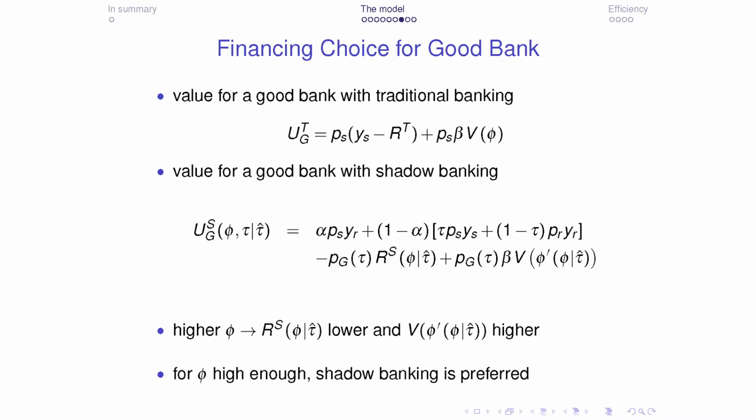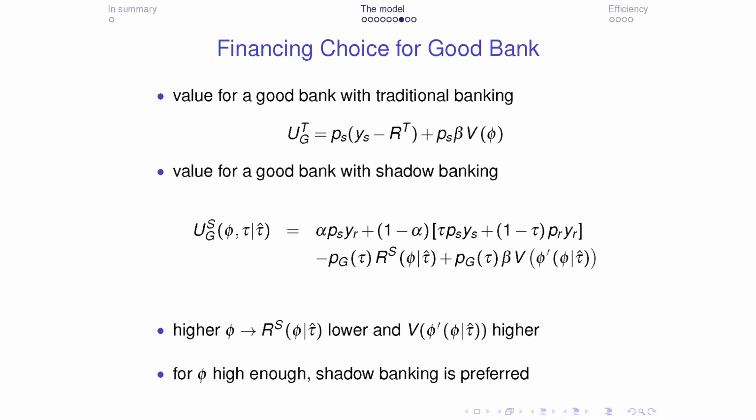If instead the good bank participates in the shadow banking system, then her payoff, oh, there is a fee missing here. This depends on the fee as well. So if she participates in the shadow banking system, what is she going to get? This is the expected payoff of the bank, which depends on the strategy she chooses and on the realization of the risky asset being superior or inferior.